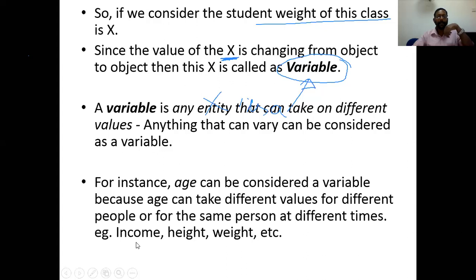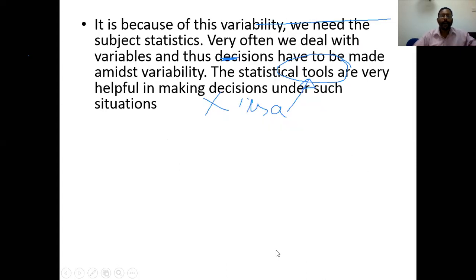Other examples are income, height, weight, and in agriculture, yield, milk yield, paddy yield. All these can be considered variables. It is because of this variability that we need the subject statistics.